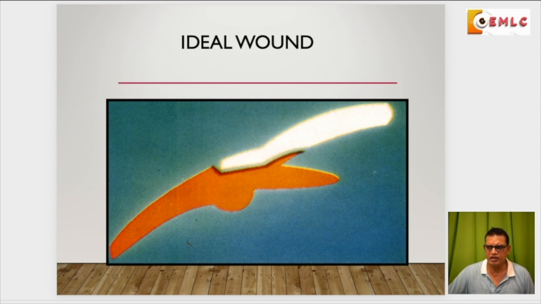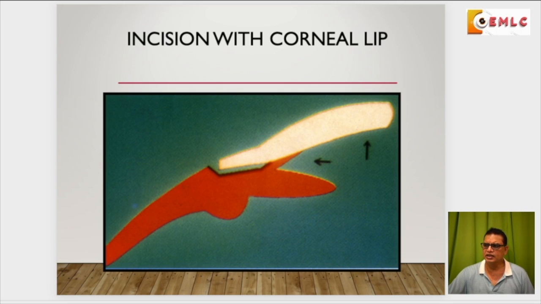This lip is very important. Why is the lip important? Because it is the lip which closes the incision. As you can see in this particular slide, when intraocular pressure rises, the lip is closed, and that's how the tunnel incision becomes self-sealing.